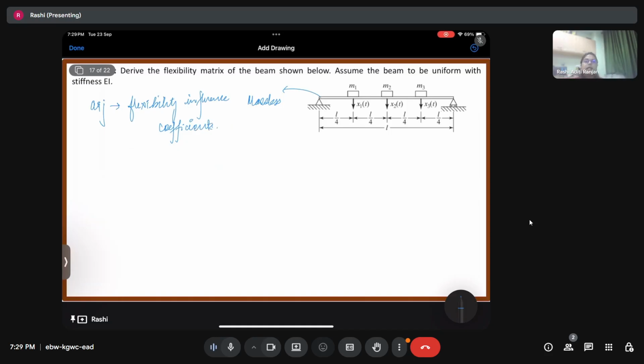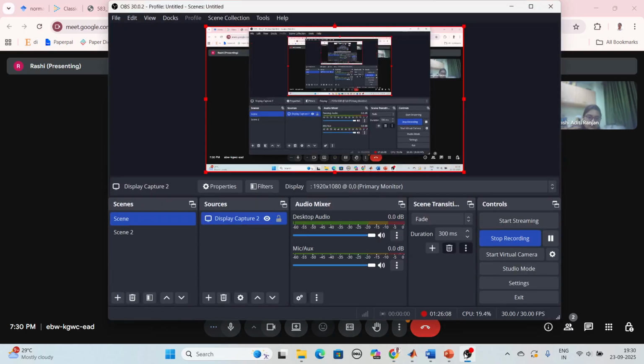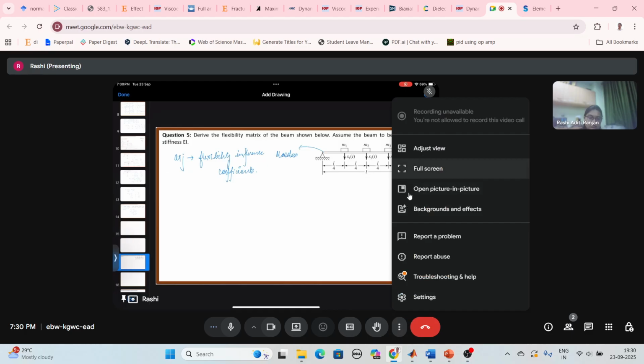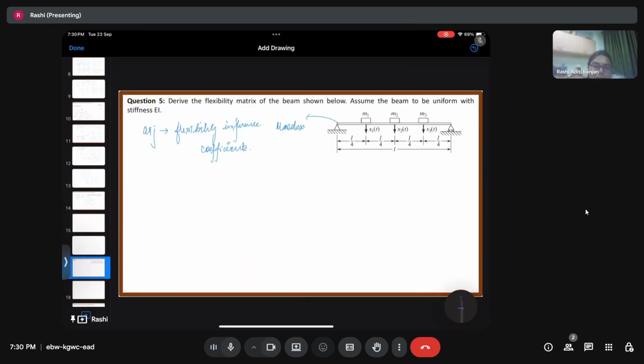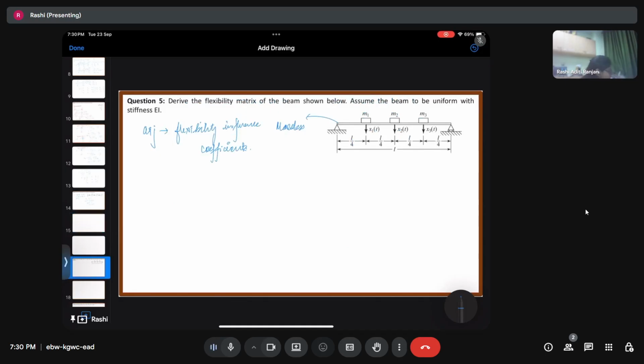The concept was simple: if a load is applied at point J, what is going to be the deflection at point I?